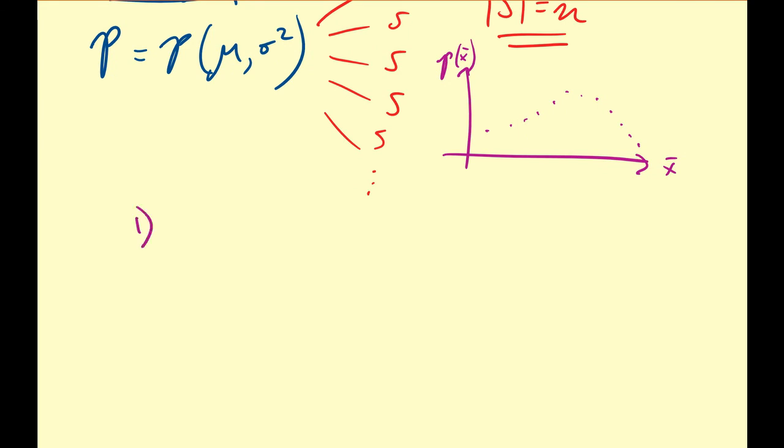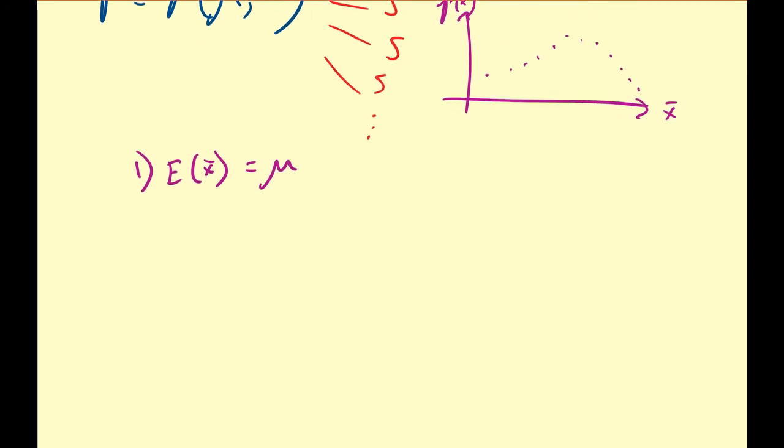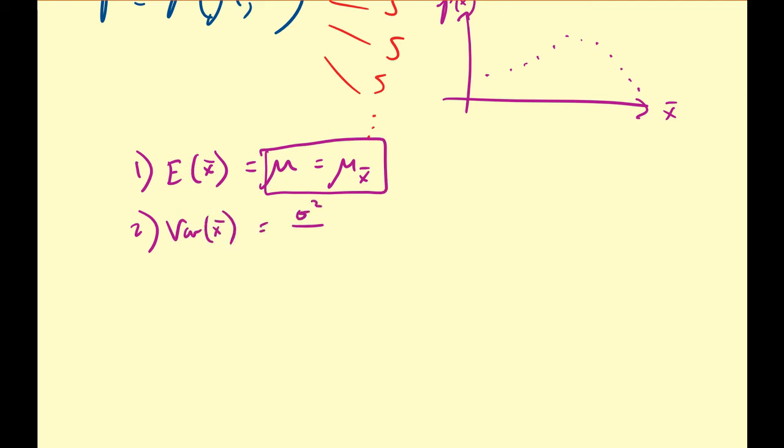Then the expected value of that sampling distribution is going to be equal to the mean of the population. We usually write this as mu x bar is equal to mu. The variance is going to be equal to sigma squared divided by n, which we sometimes write as sigma squared x bar.